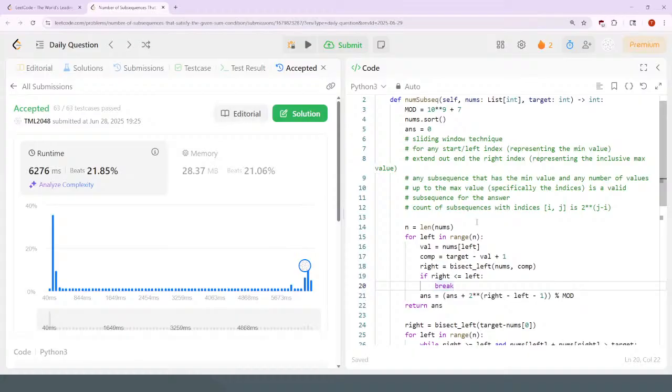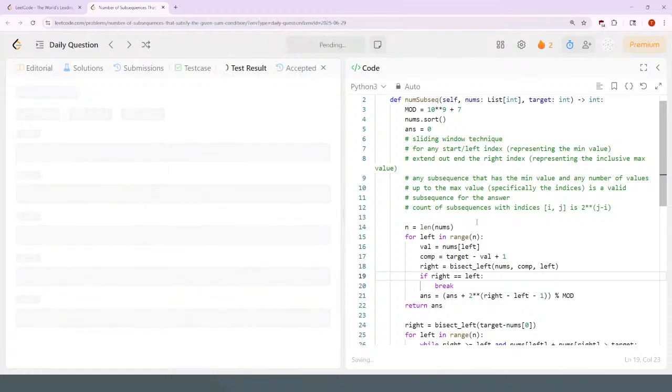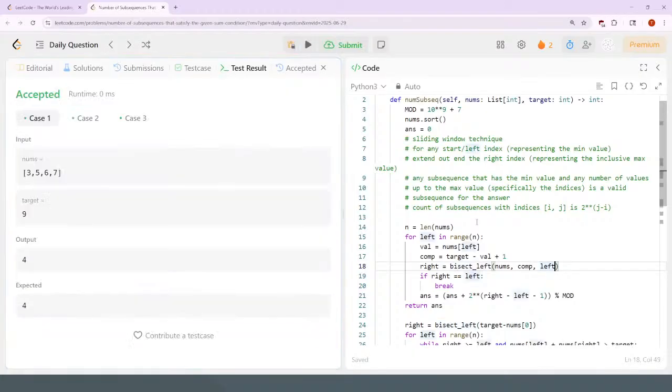Break out early. I guess I could say I bisect left starting at the left side index. So whatever the left index is, in that case, if right is equal to left at that point. So bisect left has a third, fourth parameter where you specify the indices that you're searching through.